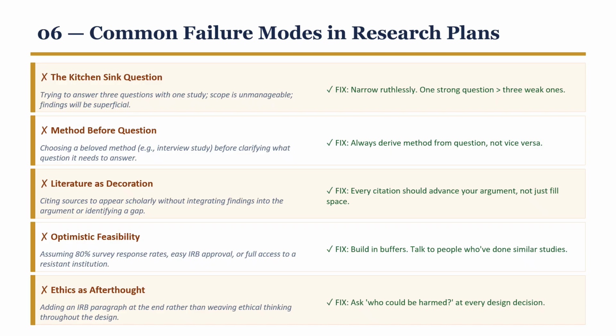If you don't have access, it would be silly to go down a line of inquiry or a line of methodology that's just not feasible for you. And then the last thing is ethics. It's not an afterthought. You have to think about who could be harmed, what protections you will put in place. You have to do your CITI training and you have to submit IRB before you can do any research.